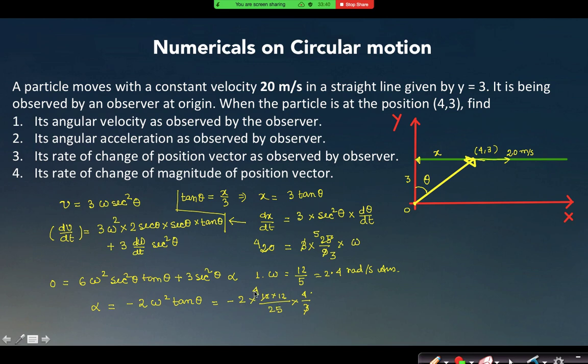So it is 96, 4 into 2 is 8, 8 into 12 is 96, 96 into 4 is 384. 384 by 25, and you can further simplify it. So it is minus 15.36 radian per second square. That is the alpha. That is the value of alpha.